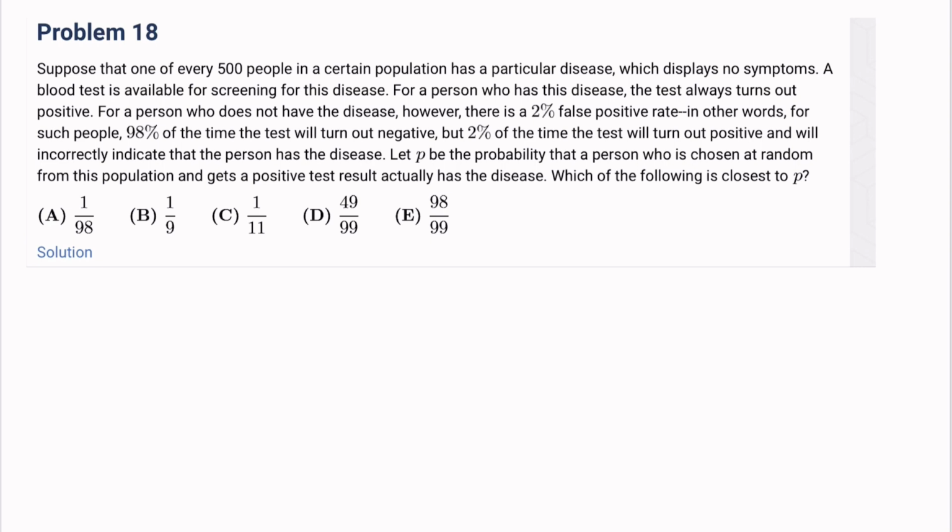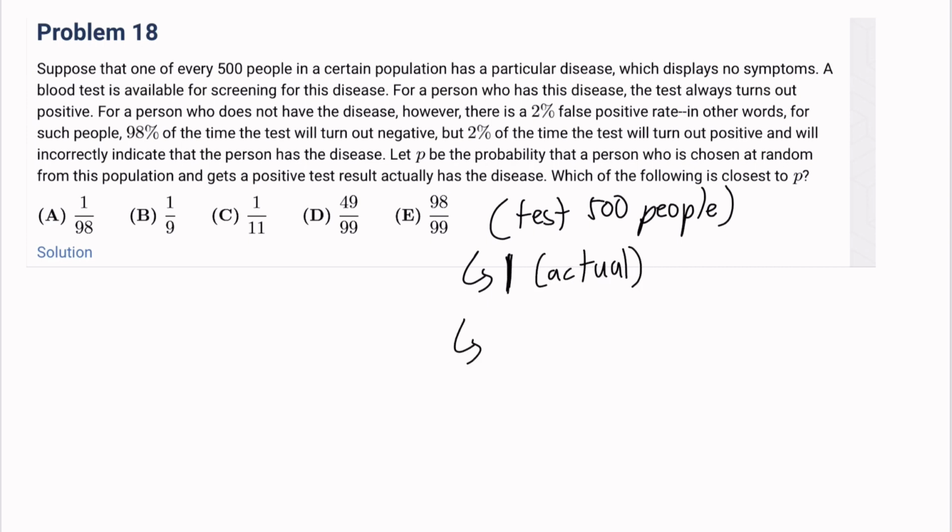Okay, so we can see that 1 of every 500 people has the disease. So let's just say that we test 500 people, right? That would give us one person who actually has the disease, and we would have 499 people who don't have the disease, right?